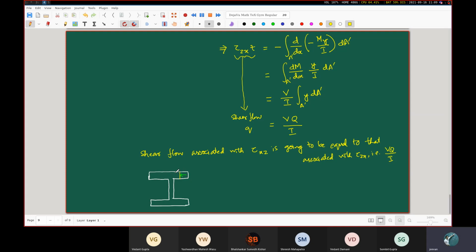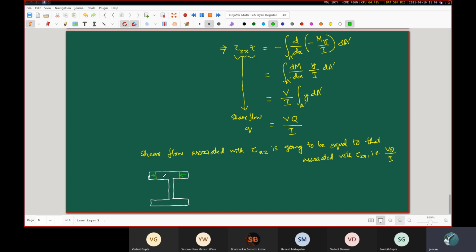Had we taken a cut section somewhere to the left, we would have obtained another value of the shear flow. Now, if you had started from this left hand side, you would have similarly obtained a shear flow like this.